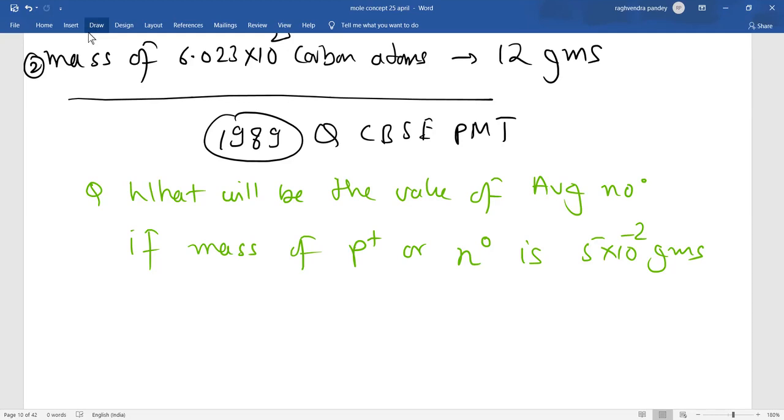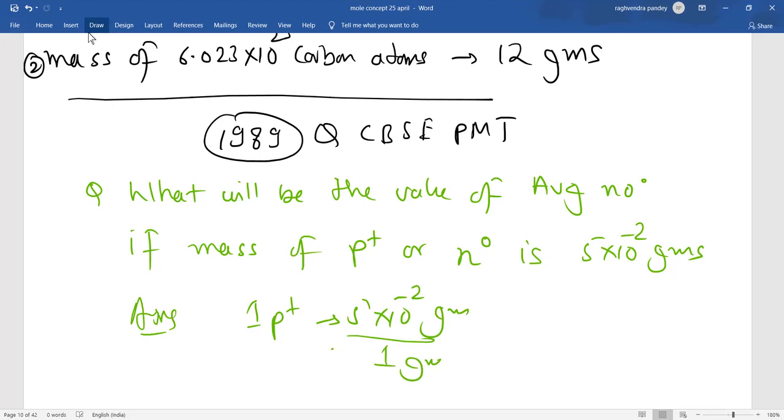That only you have to see. One proton has mass 5 into 10 to the power minus 2 grams. So what will be the number of protons? x will be 1 upon 5 into 10 to the power minus 2, so that will be 100 by 5, which is 20. Okay, now let's move forward.